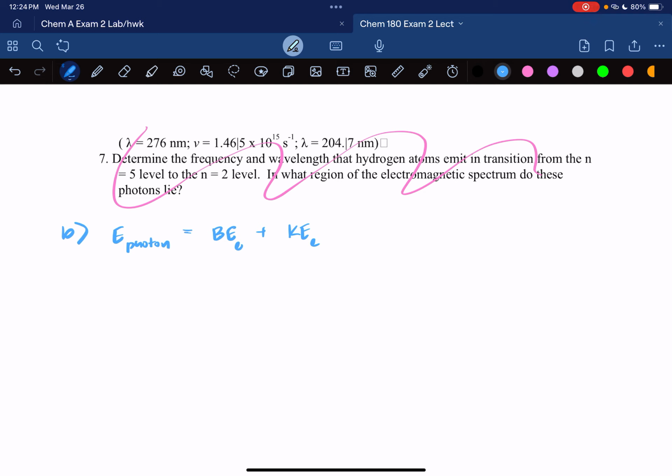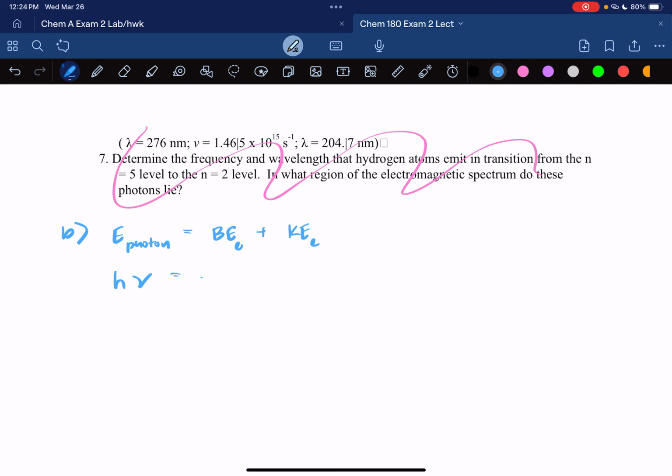The photon's energy we usually express in terms of lambda or nu, and here they ask for frequency, so that equals h nu. If we used the wavelength, then you would need hc over lambda. So that equals the binding energy plus the kinetic energy of the electron.